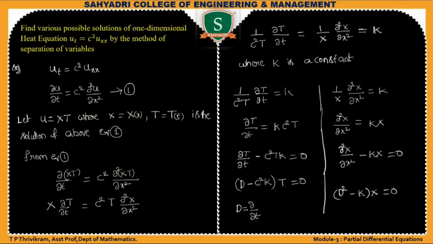Here also D is nothing but ∂/∂x, and D^2 is nothing but ∂^2/∂x^2. Now based on the k value we'll check it. Take this as equation 2.